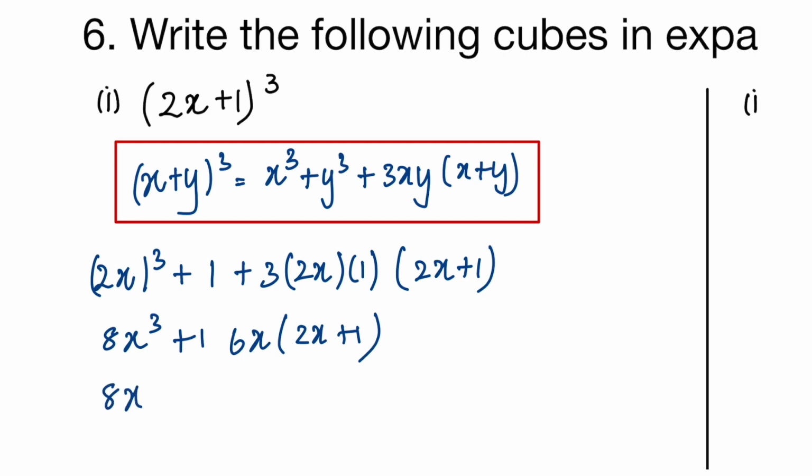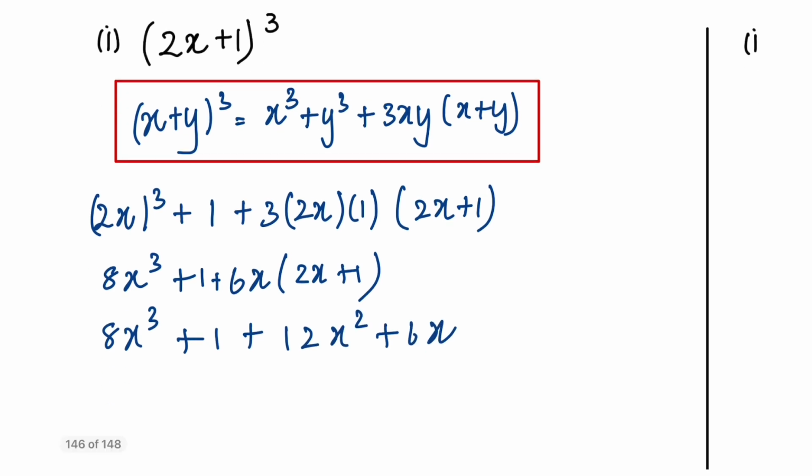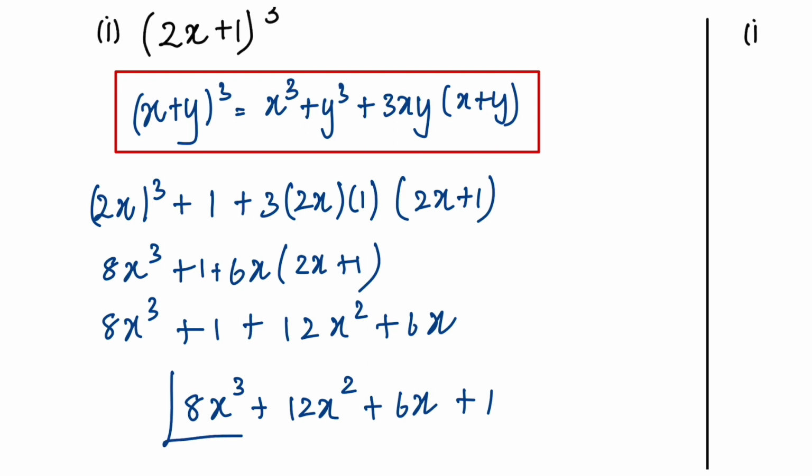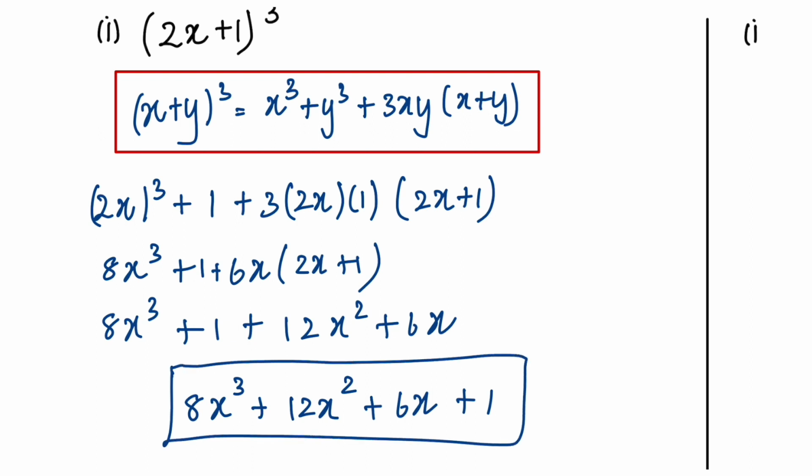So 8x cube plus 1 plus, there should be a plus here, I forgot, and plus, which is 12x squared plus 6x. So the final polynomial comes out to be 8x cube. I'm just going to write in the decreasing degree. So 8x cube plus 12x squared plus 6x plus 1. And that is the answer to the subdivision.